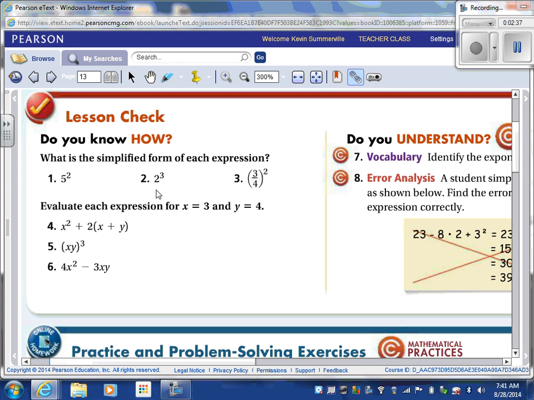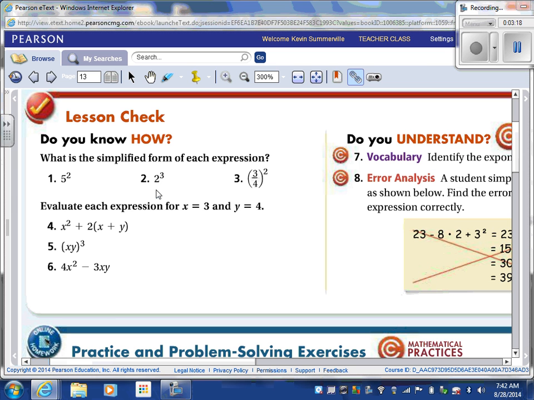Alex, do you agree with that? Mike, what does 2 to the third power mean? Okay, you can multiply 2 three times. Excellent. So that means 2 times 2 times 2.